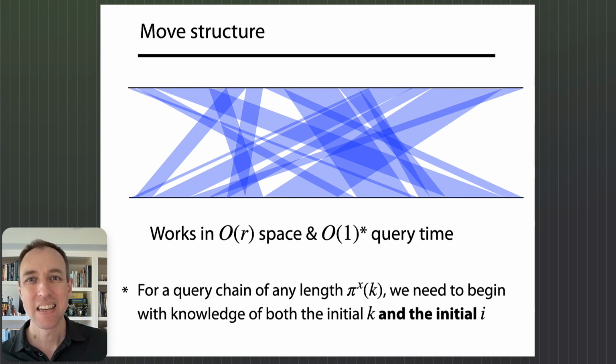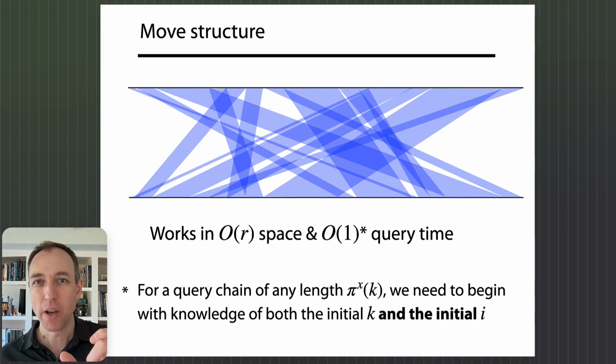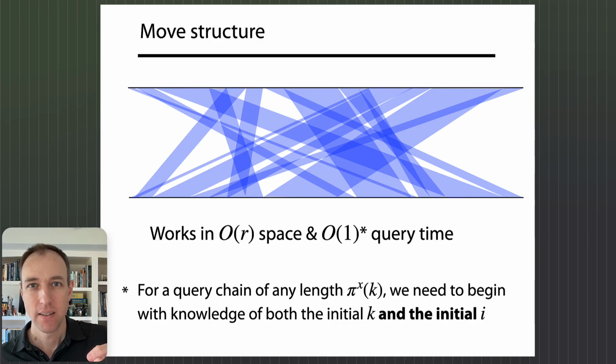In this case, we need a little bit more information. We need to know the offset where we're starting and the ID of the run that contains that offset. And it could be that you need to do a little extra work in order to determine that, and this bound is not counting that extra work. This bound is assuming you have all that information to begin with.